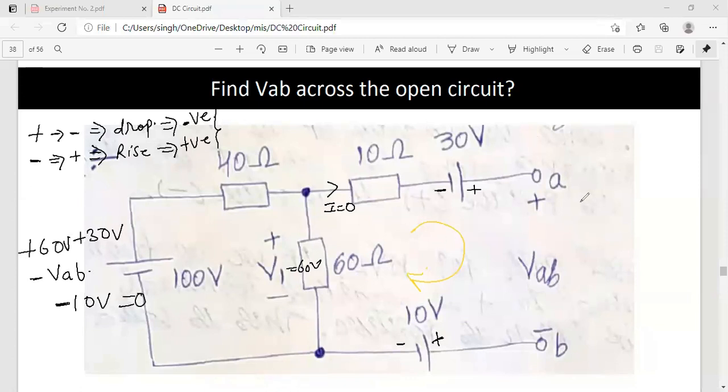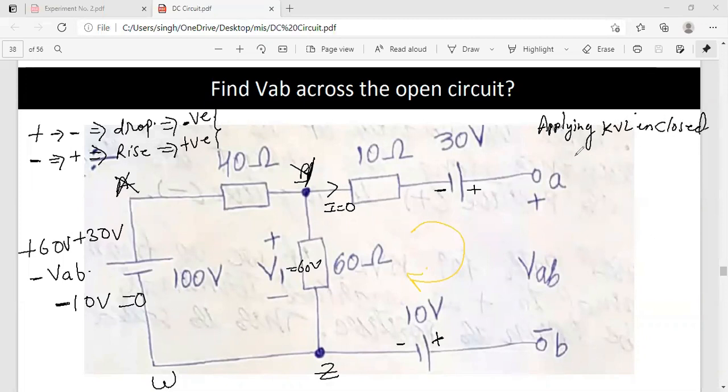So when you write an exam or solve a problem, what is the practice? You have to name the points, say X, Y, Z, W. So applying KVL in the closed path, don't write loop, closed path Y, A, B, Z, Y. This is the closed path I am talking about.